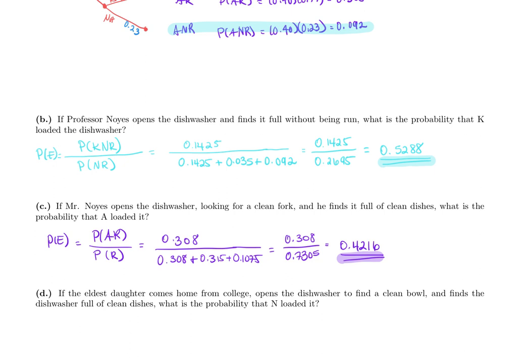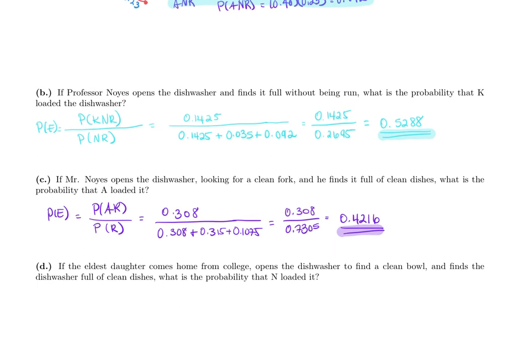For D, we're going to look at a little differently. If the eldest daughter comes home from college, opens the dishwasher, and finds a clean bowl, she finds the dishwasher then full of clean dishes, what is the probability that N loaded it? So it's not really all that different. It's just now instead of looking at K or looking at A, we're looking at N. So our probability of this event is going to be the probability that N loaded and ran the dishwasher divided by the probability that the dishwasher was run.